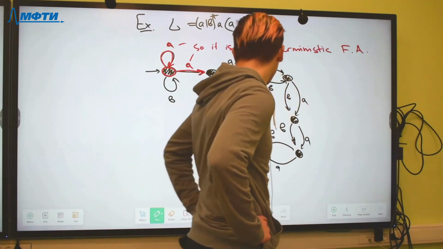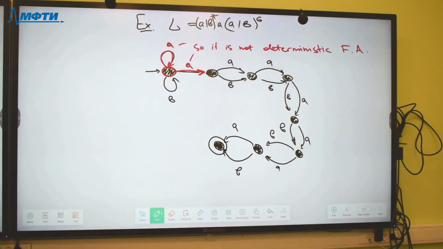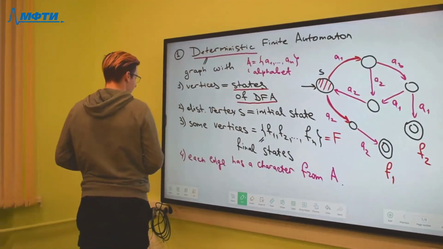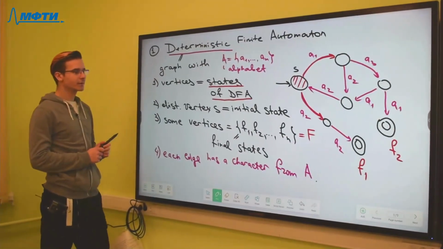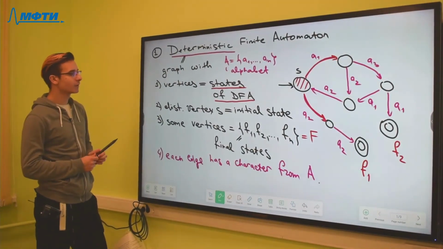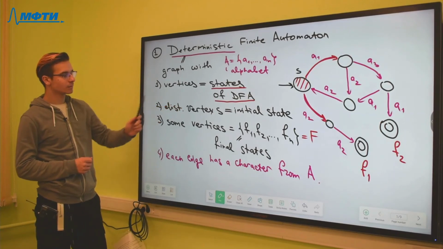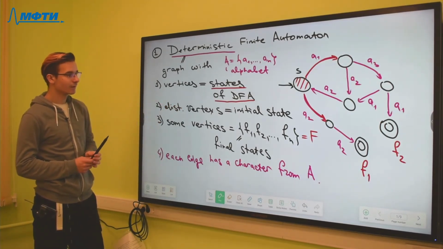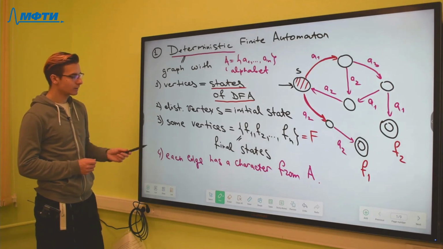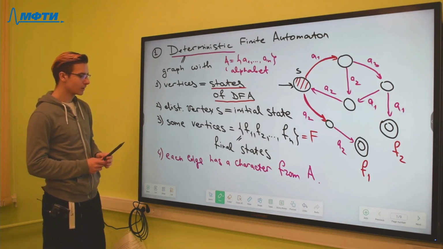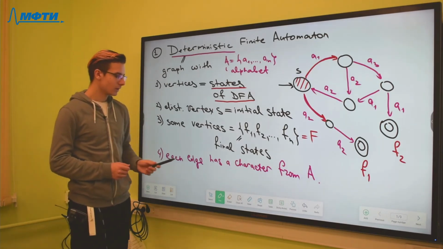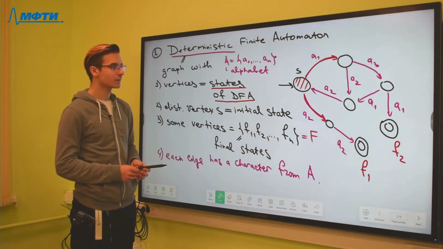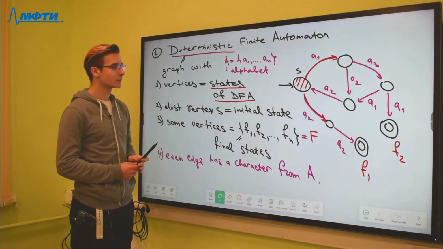Explain it again. Okay. We return to the first part of the lecture. What is a finite automaton? It is the states, that is the vertices of the graph, and edges that have characters from the alphabet.